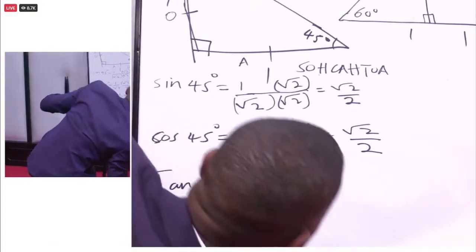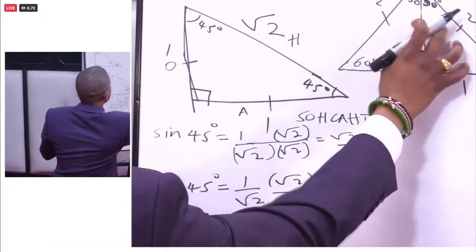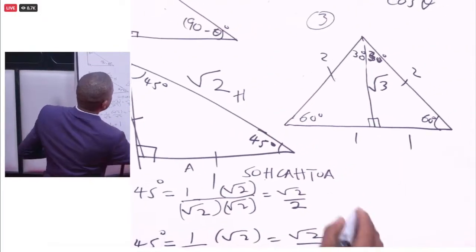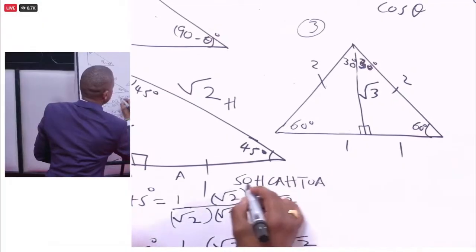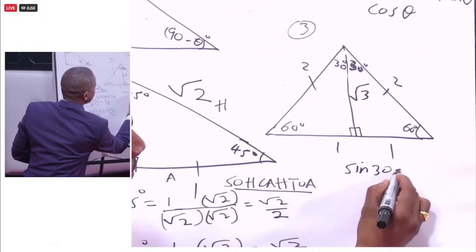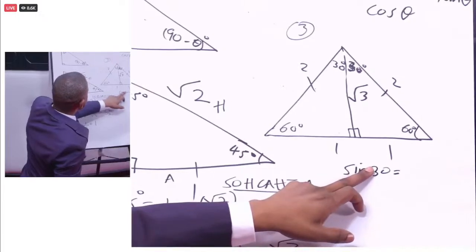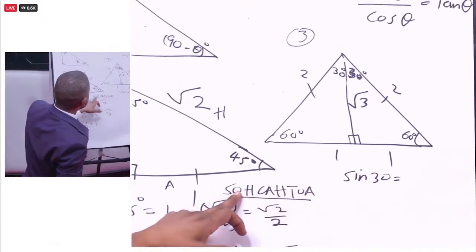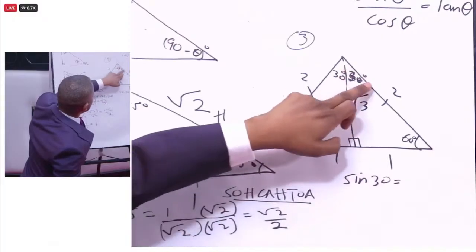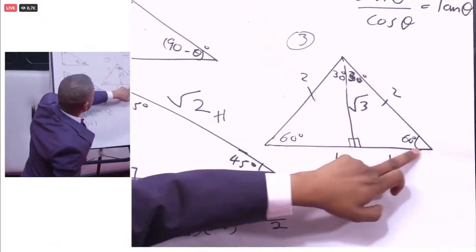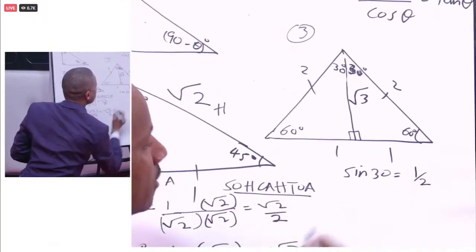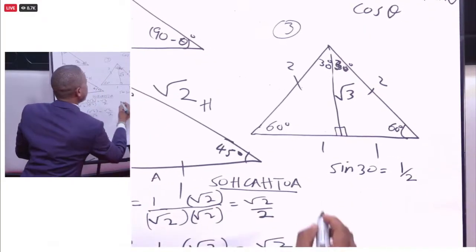Then you come to this other identity triangle, where we have SOHCAHTOA still, but we want to get sine 30. Sine 30 equals opposite, which is 1, over hypotenuse, which is 2, half, which is 0.5.